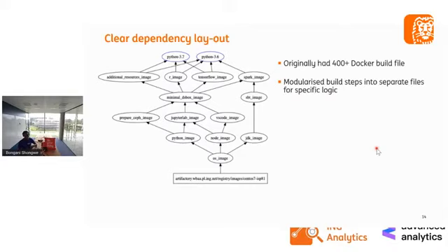Once we adopted Docker Make, we were able to modularize our Docker build steps and break them up into separate Docker images, and lay out using Docker Make which one would be based off which one. So this is what we got at the end, a much clearer dependency layout, and it made it easier for us as developers to pinpoint where a change should go, or if we need to introduce something, it made it much more clear for us.